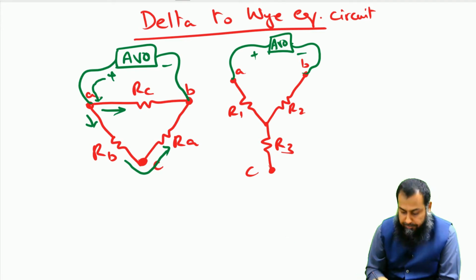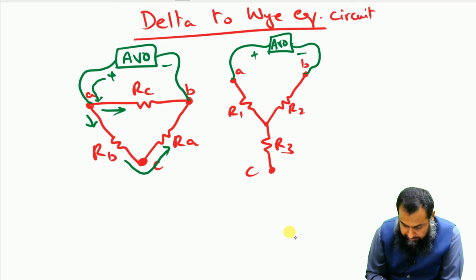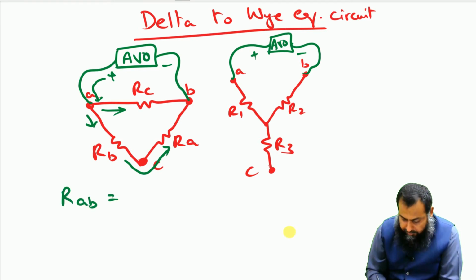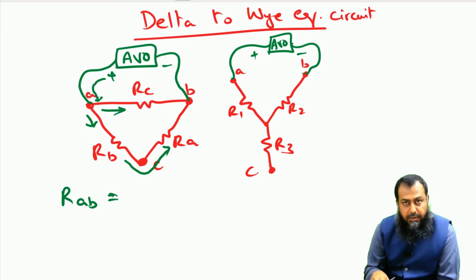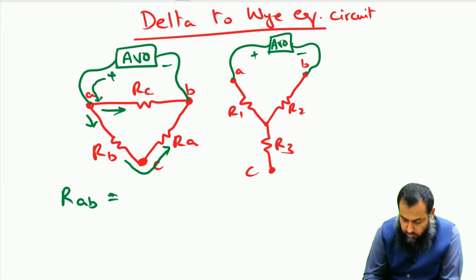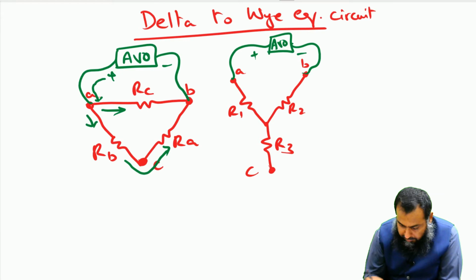So, consequently, the RAB for this delta network is actually equal to the series combination of this RB and RA.